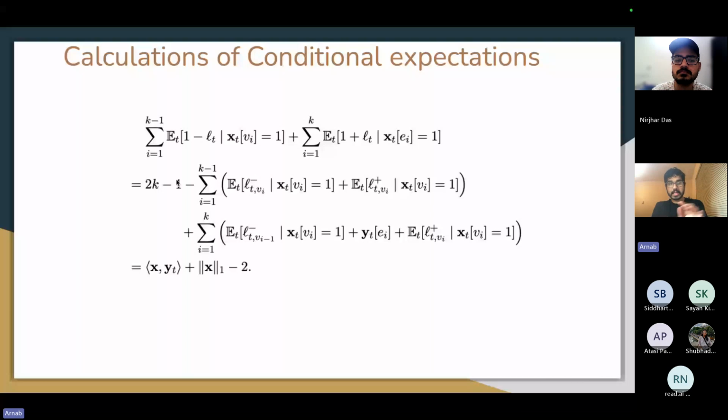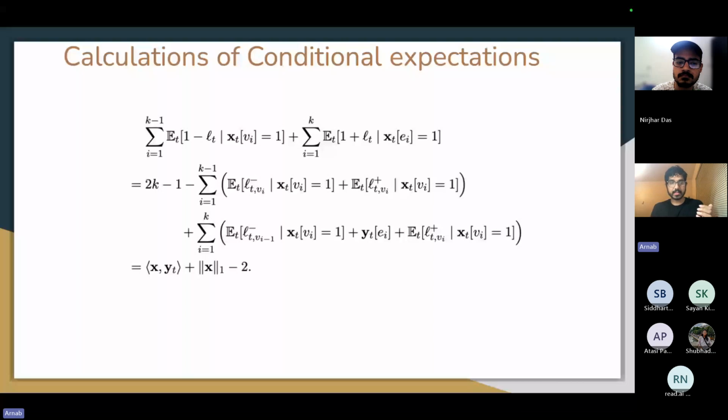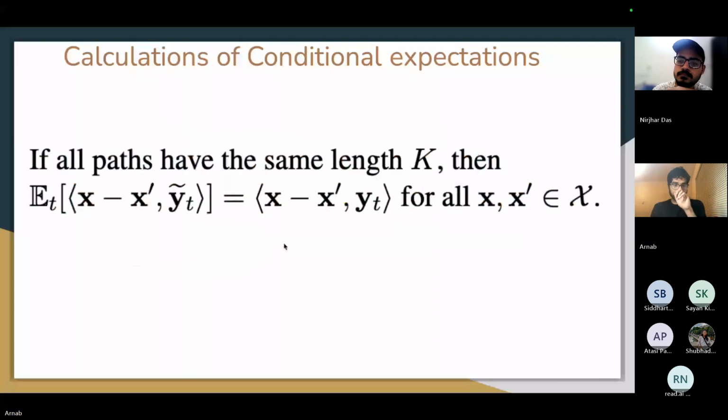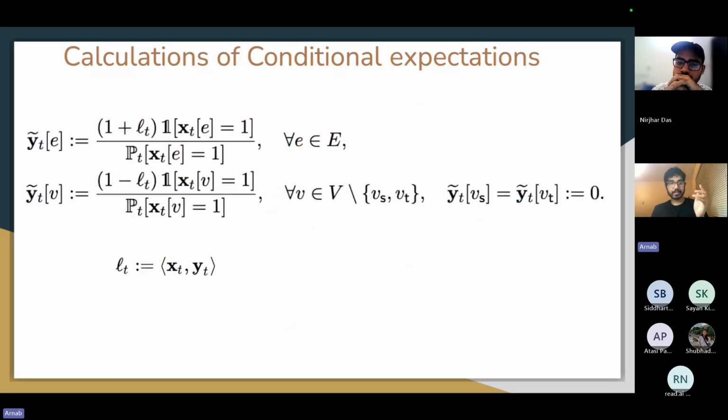If the length of the path is the same, then this extra term just cancels out, because it is the same for every path, irrespective of how you chose them. And so you'll have this particular equality to be true: x minus x prime, y tilde is equal to x minus x prime, y_t. So roughly speaking, these extra terms get cancelled by the terms that correspond to the vertex node, and you're golden.